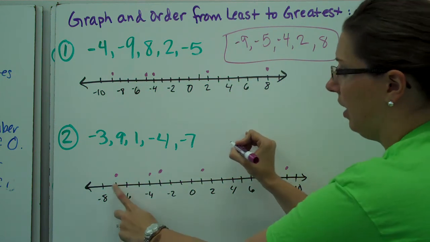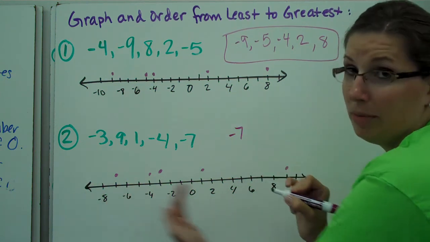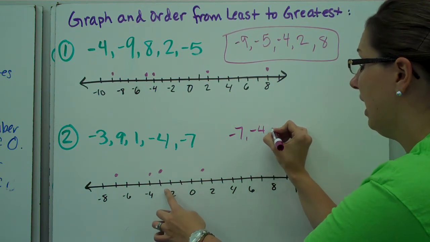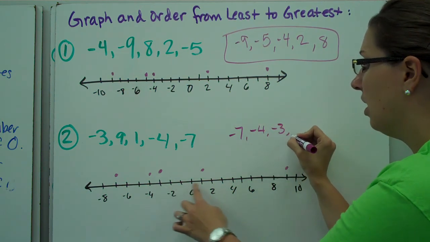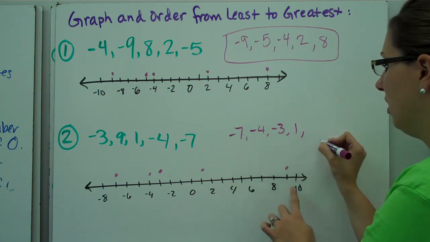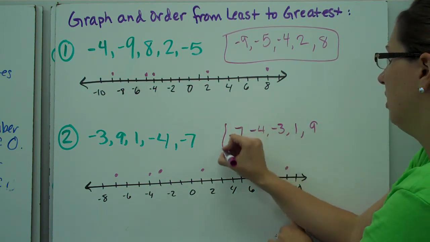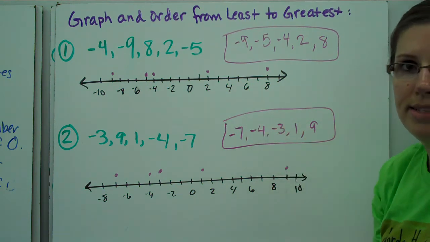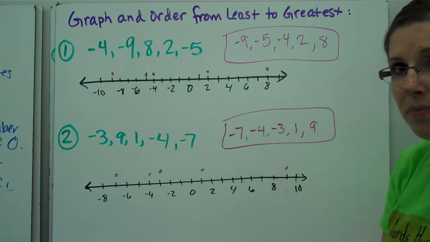So in order, from least to greatest, I've got negative 7, negative 4, negative 3, positive 1, positive 9. Here are my numbers in order from least to greatest. Hope you got what I got.